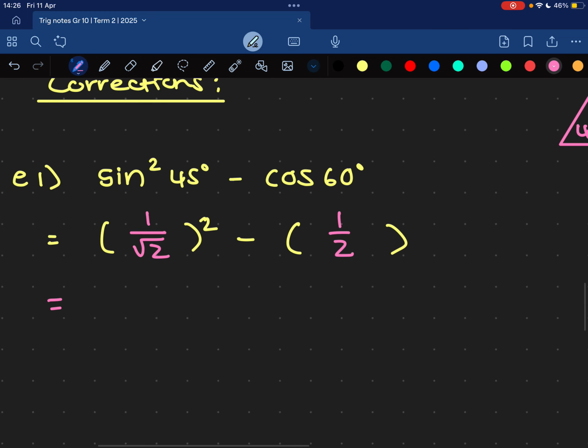Okay, so you're going to square this in. It's one term, so you can just put the square directly in. So you will have 1 to the power of 1 is 1, and root 2 squared is just going to be 2, minus 1 over 2, which is equal to 0.